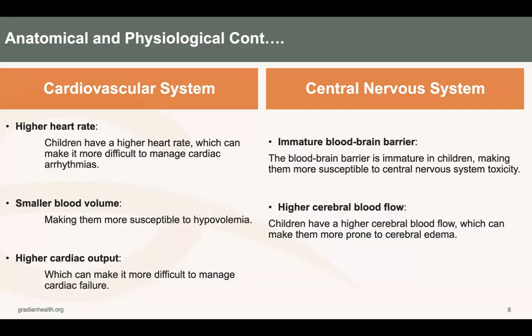The other thing is about the amount of blood that they have. The amount of blood is actually smaller in volume in relation to their weight. So you find newborns who have like 90 mils per kg, and as they grow, this decreases to 80, 85, until 70 finally when they reach adulthood.